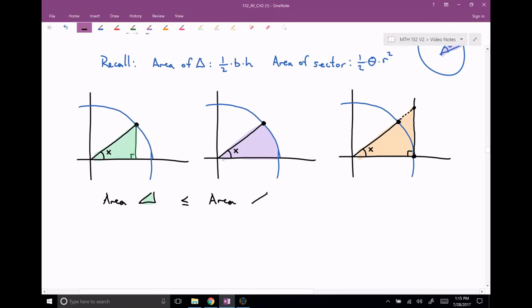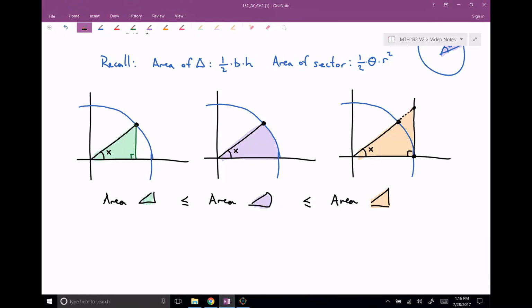Let me draw a little sector here and color it purple. And that area is going to be less than or equal to the area of the orange triangle, which is even bigger than the purple one. Now you can notice that we're getting some inequalities here, that this is starting to set up that squeeze theorem that I promised you.